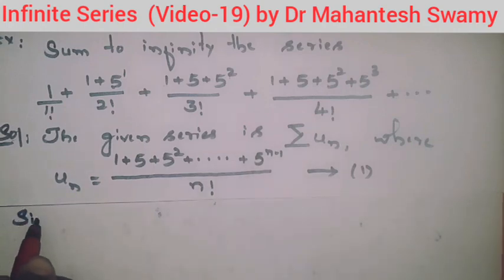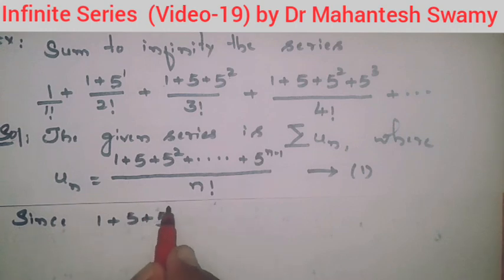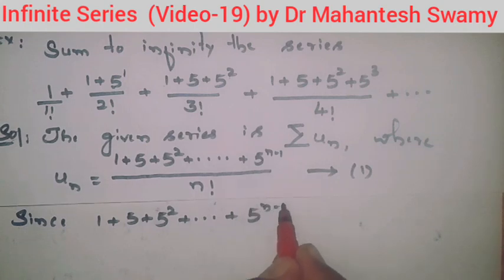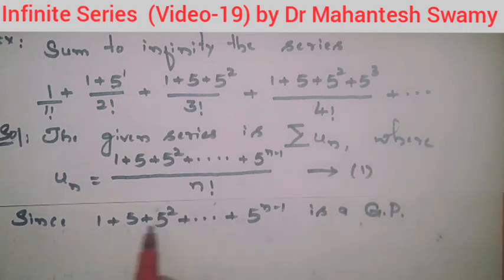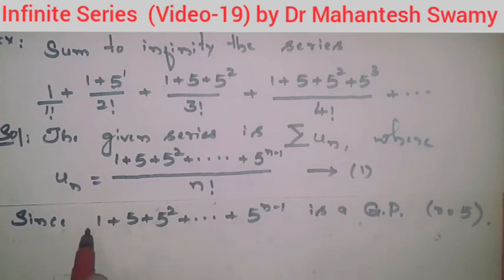We can write here, since 1 plus 5 square plus dot dot dot plus 5 to the power of n minus 1 is a geometric progression with the common ratio r equal to 5. The ratio between two consecutive terms, the common ratio, is 5. 5 divided by 1 is 5, 5 square divided by 5 is 5, like that.